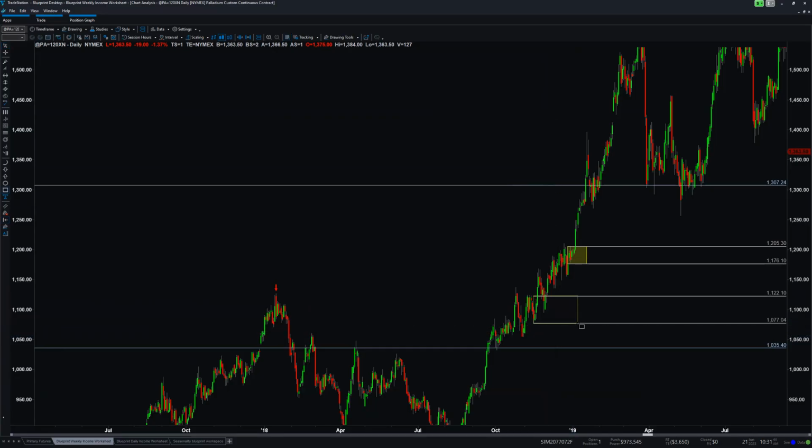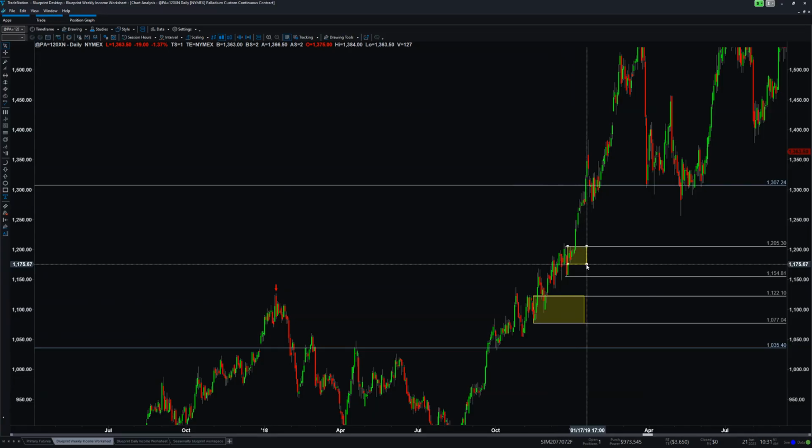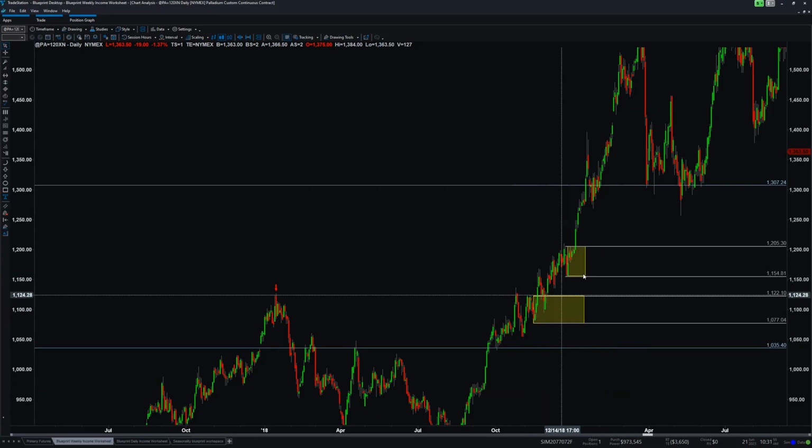Because here, I have a level on top of level. If I had drawn this level like this, maybe this is a little bit clearer in terms of a level on top of level, but it's also not as pretty.